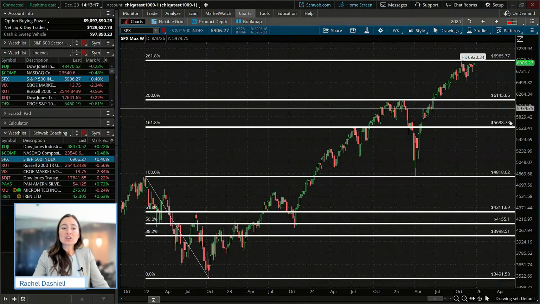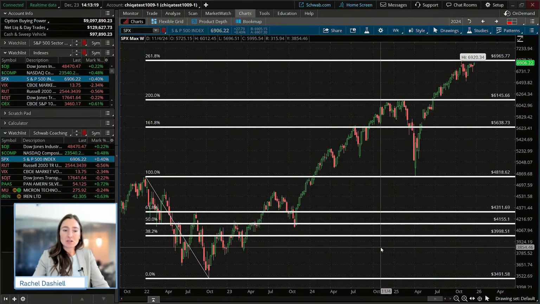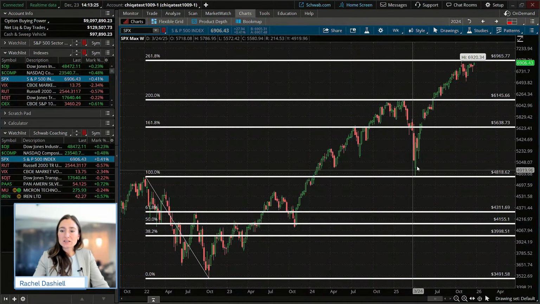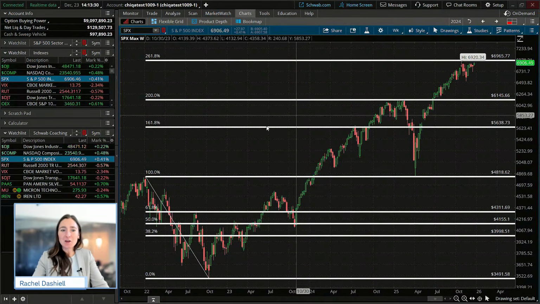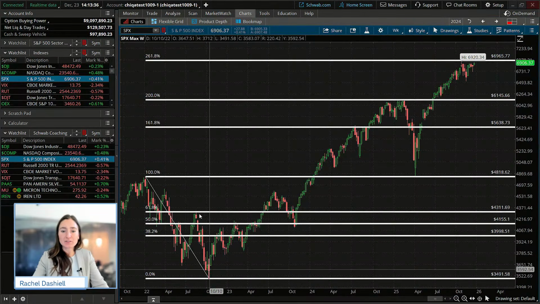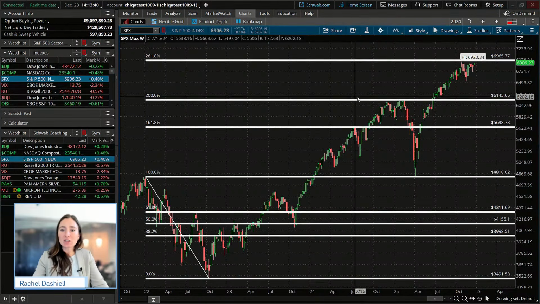Now, if we're just looking really long term on the S&P 500, we actually saw, before this recent kind of tariff tantrum that we saw earlier this year, price actually reached the 200% retracement, which was basically taking the depth of this cup, or this bowl-shaped pattern, and projecting it upward.